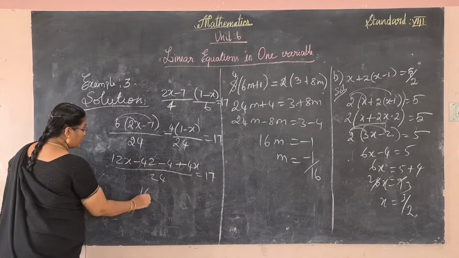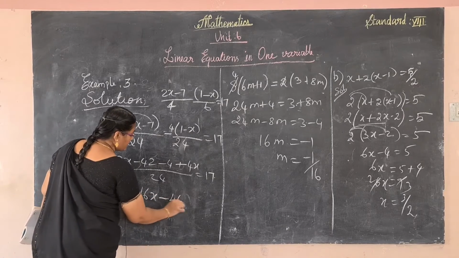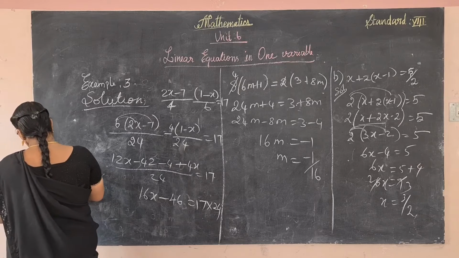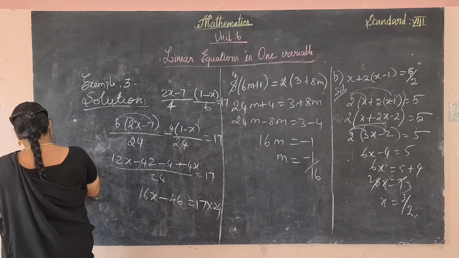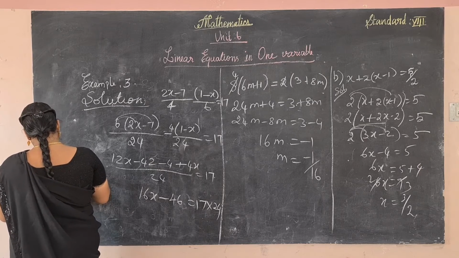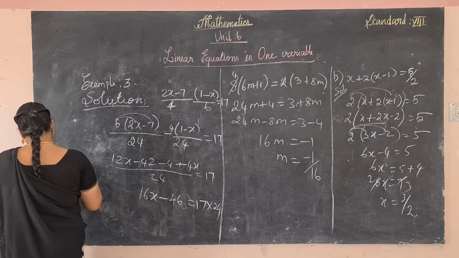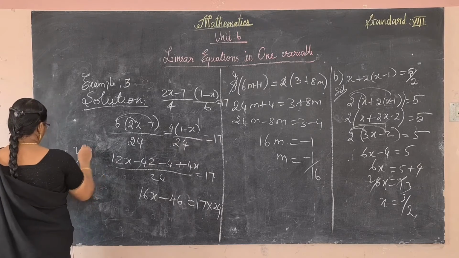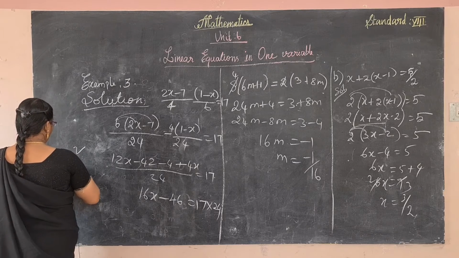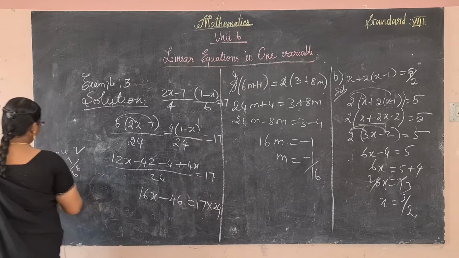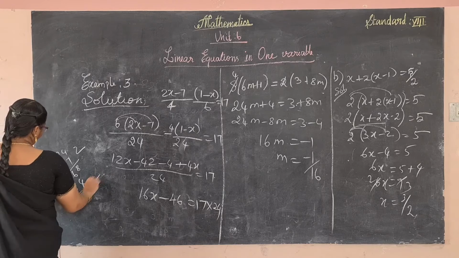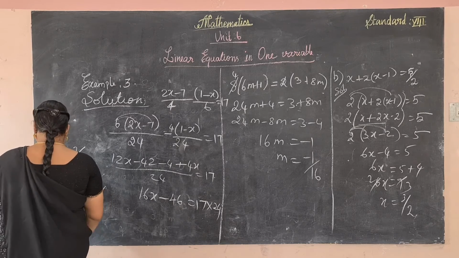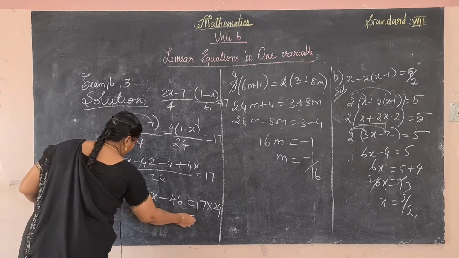So simplify this value. 16x minus 46 is equal to, the division moves to that side as multiplication. So 24 times 17 equals 408.